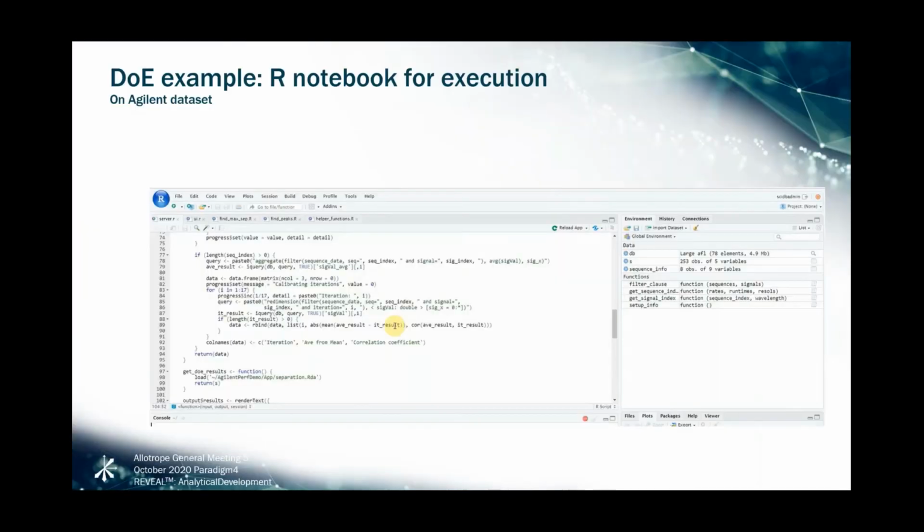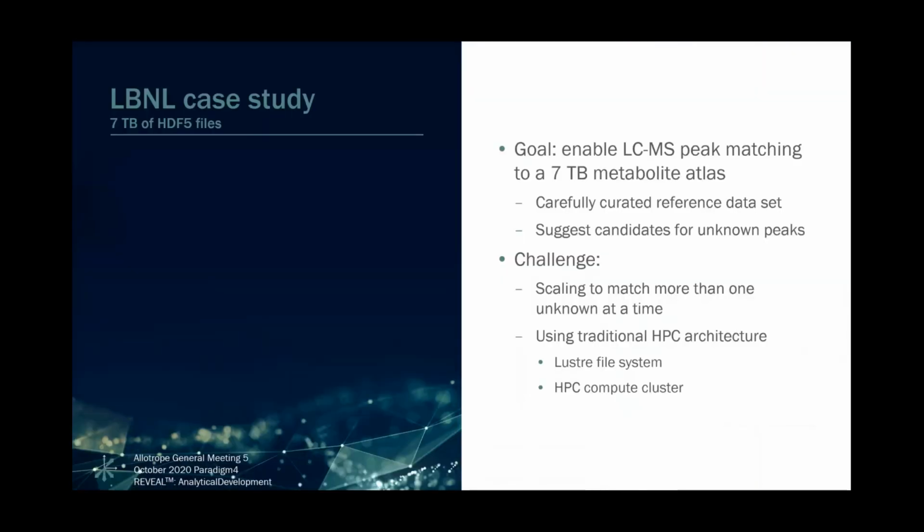In this case, and it won't take long, sorry, I'm having a little mouse issue, is a project that we did with Lawrence Berkeley National Labs, and they had a very interesting situation. They had a huge amount of data in a metabolite atlas. It was carefully curated, and it was designed to help users identify unknown peaks, or at least suggest candidates for unknown peaks from metabolomics.